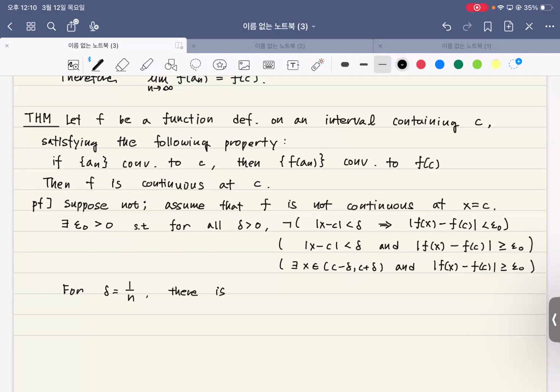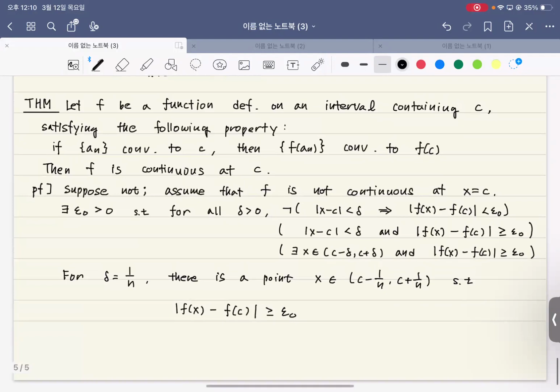There is a point x in (c minus 1 over n, c plus 1 over n) such that the absolute value of f(x) minus f(c) is greater than or equal to epsilon 0. We let this number x be a_n. Why n?